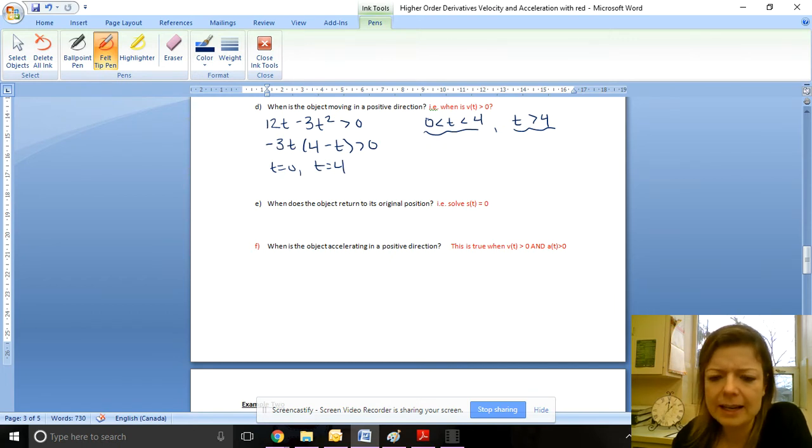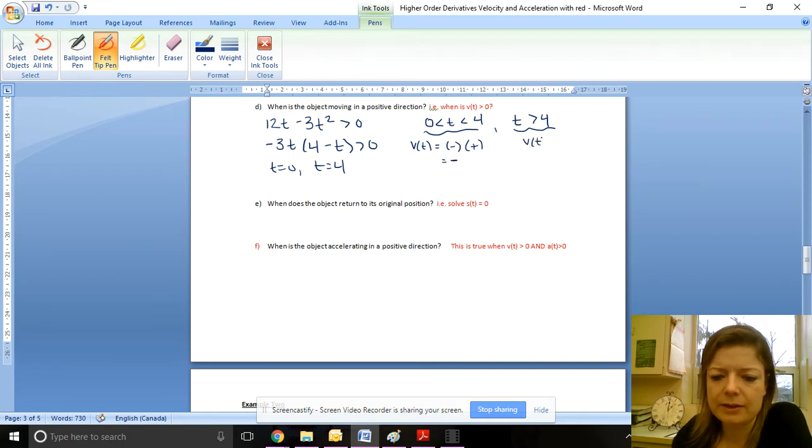Between 0 and 4 seconds, if we put in something between 0 and 4 to this, you get a negative result. And 4 minus t, you will get a positive result. So our velocity here is negative.